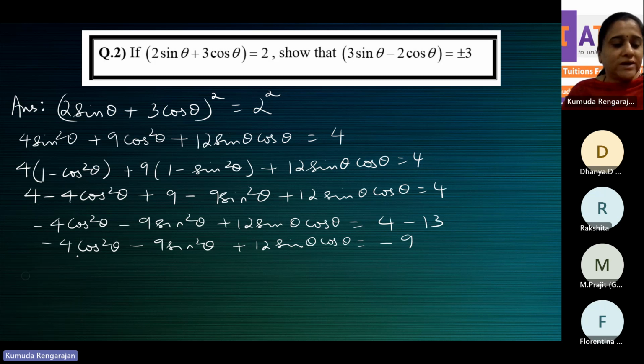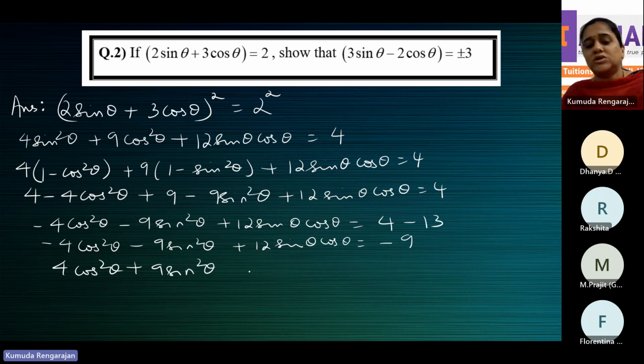So then we get 4 cos square theta plus 9 sine square theta. Minus becomes plus, plus becomes minus. So Krishmi, is it plus 12 or minus 12?